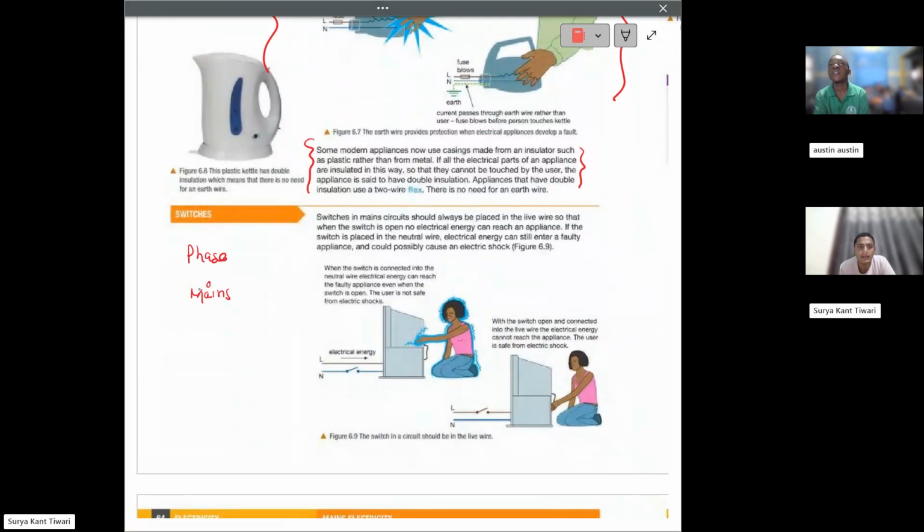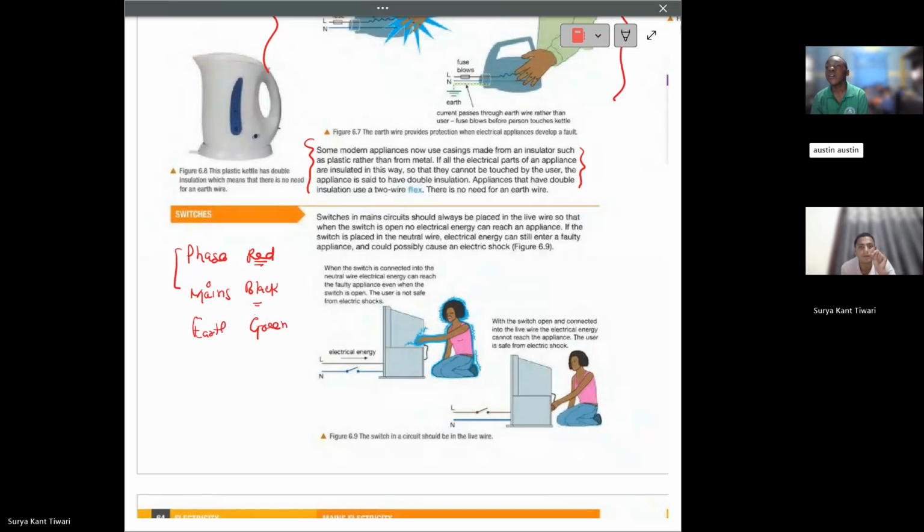Have you seen, if you open the wire of any device, in some devices there are two wires only, maybe one with the red color and one with the black color. But in some devices there are three wires, one with the red color, one with the black color, and one with the green color. This green colored wire is called the earth wire.